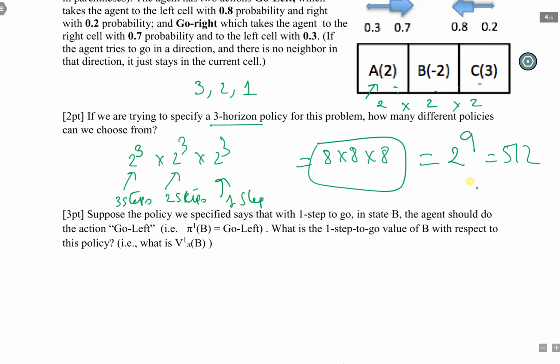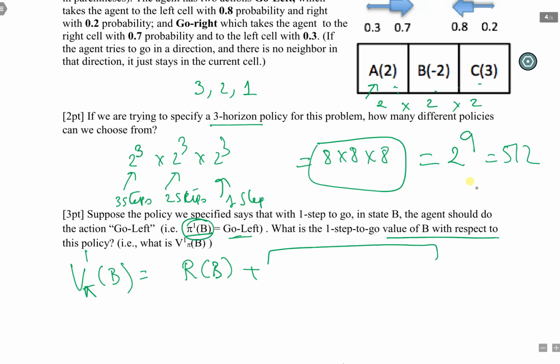The second question we are asking is: if I told you the policy, and in my current policy with 1 step to go the action to do in B is to go left, then what is the value of B with respect to this policy? So the value of B with 1 step to go is, of course, R of B plus what you get by doing the action go left.